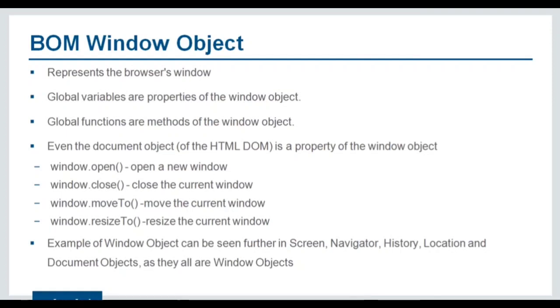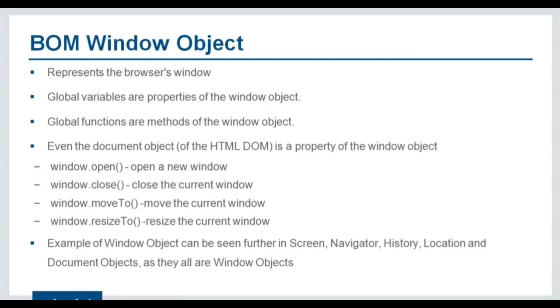So the first object under the BOM, the window object, is like a root object that we have. It is again a global variable, and whatever methods it has, we can call all those methods to learn how a window looks, how we can move it, how we can resize it. We can do all this with the window object. If you use the window.open method, it will open up a new window.